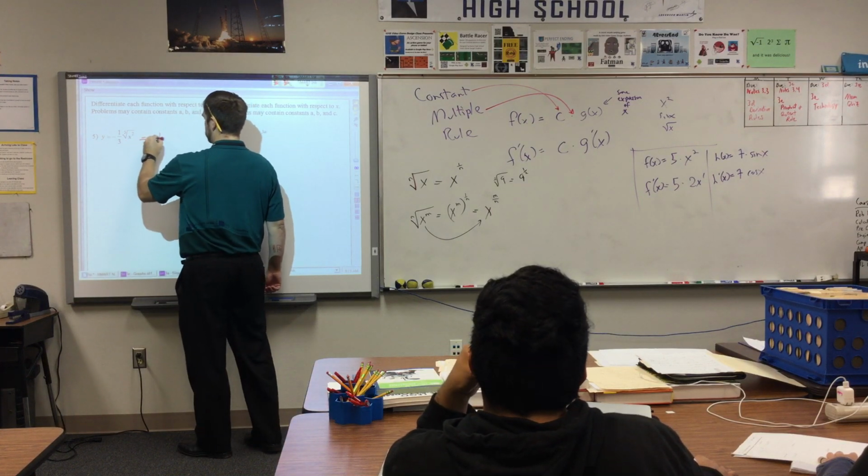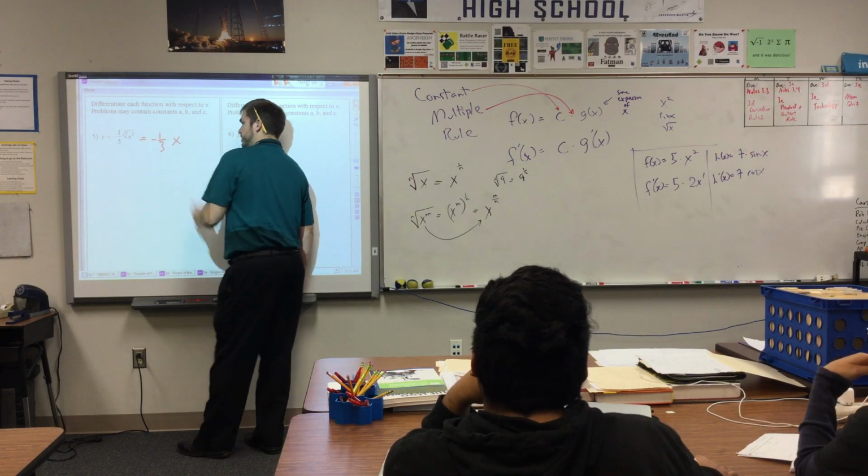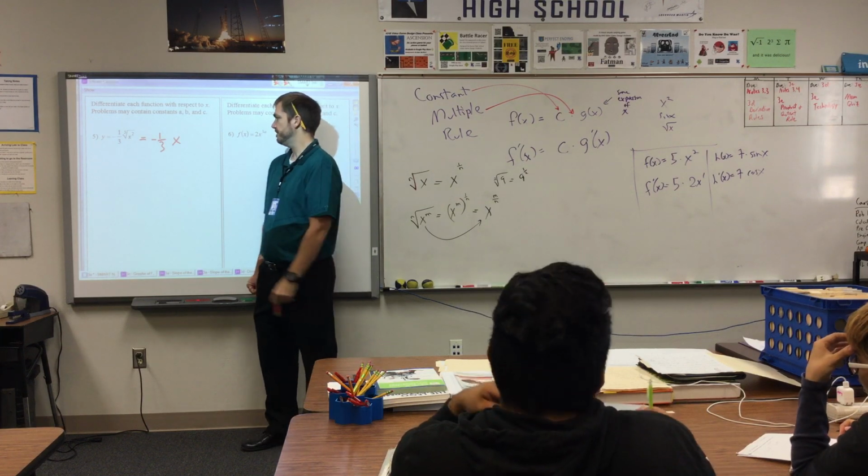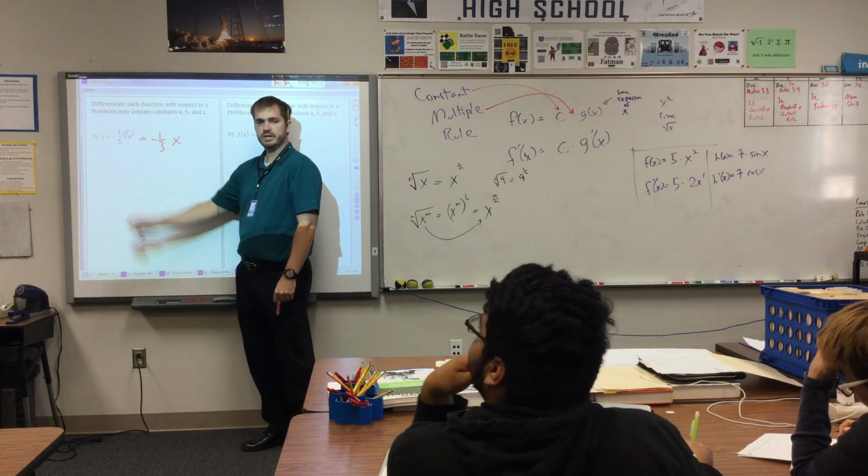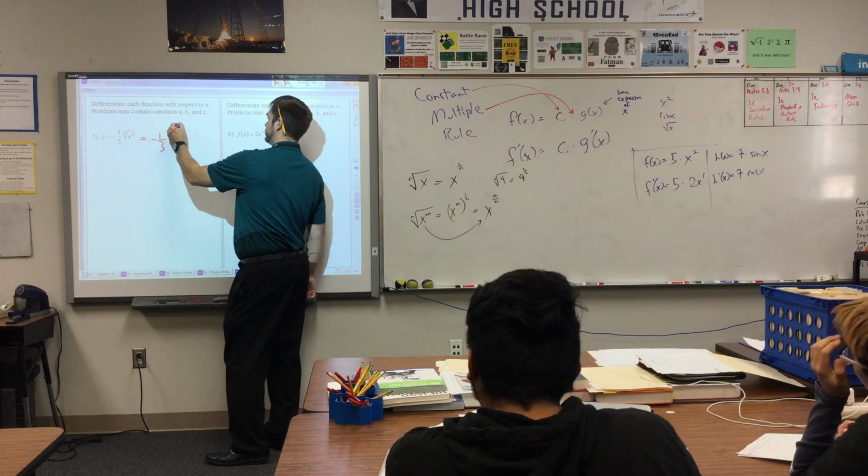So y equals -1/3 times x to the what? 2 over 5. So this is a rewrite situation, class.